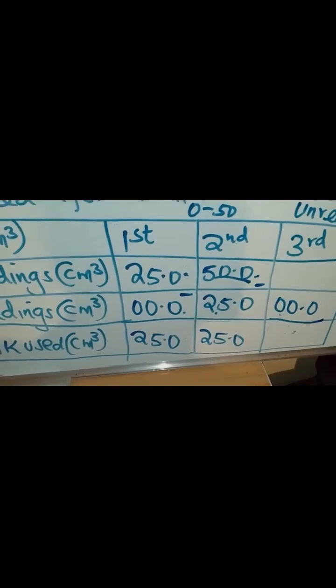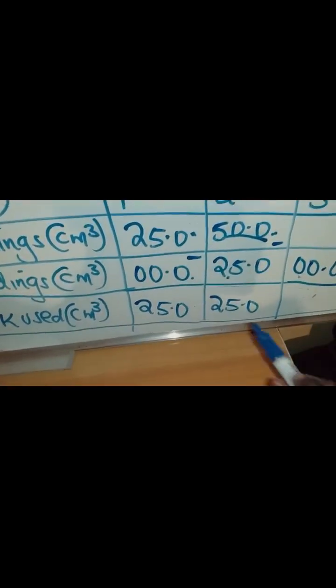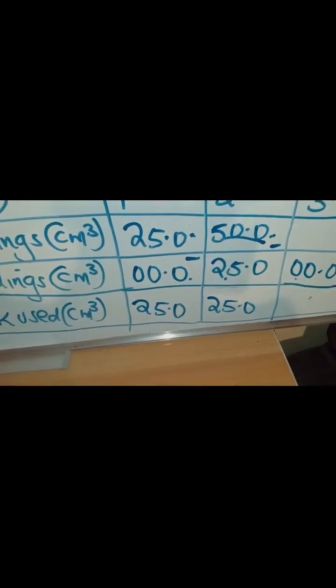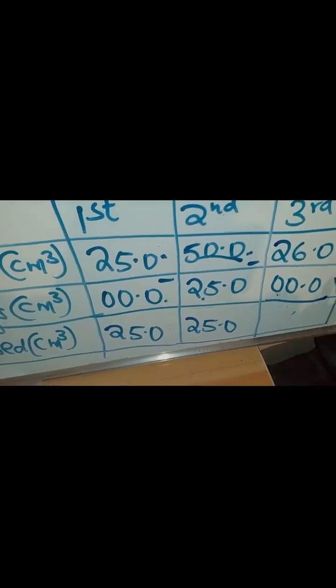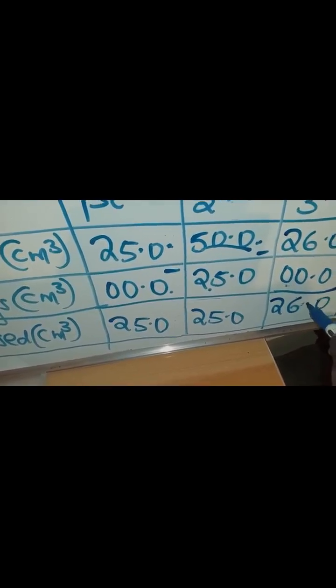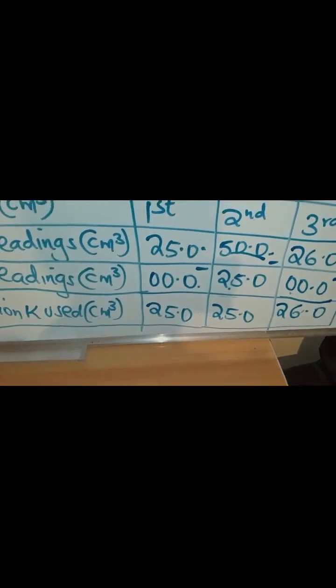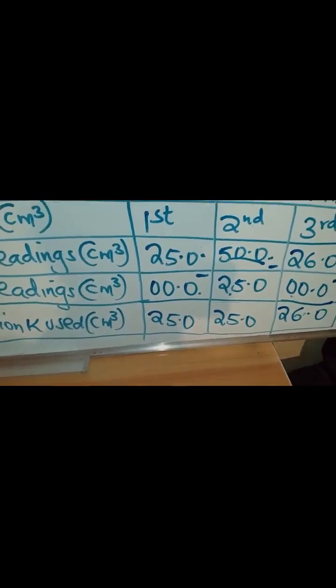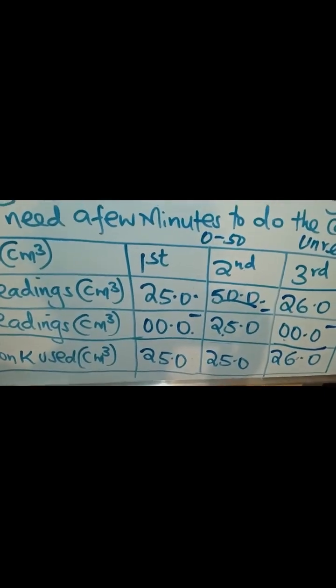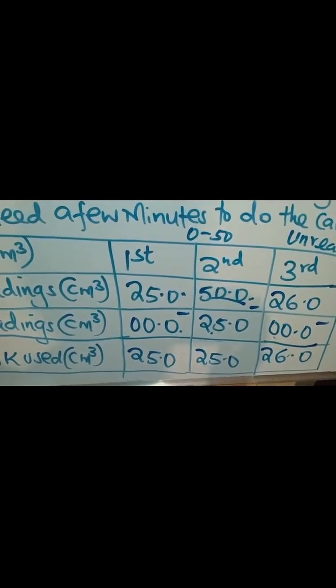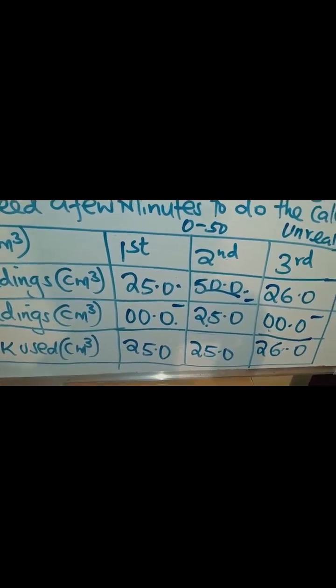You do not want maybe all of them to look the same, so you say maybe this one went up to 26, and then the difference is 26.0. So you have made a table to save the situation.